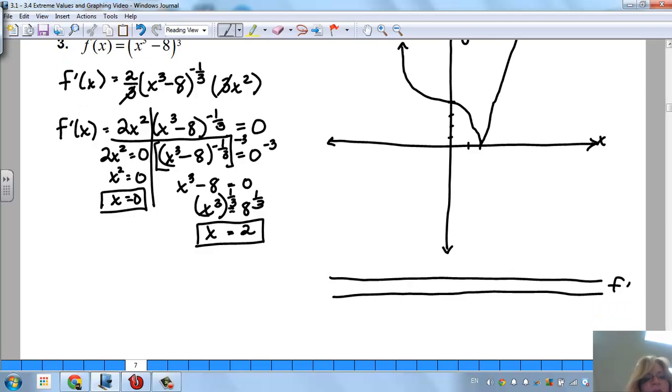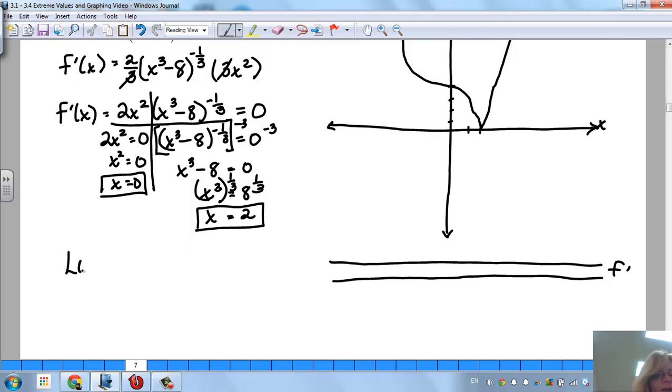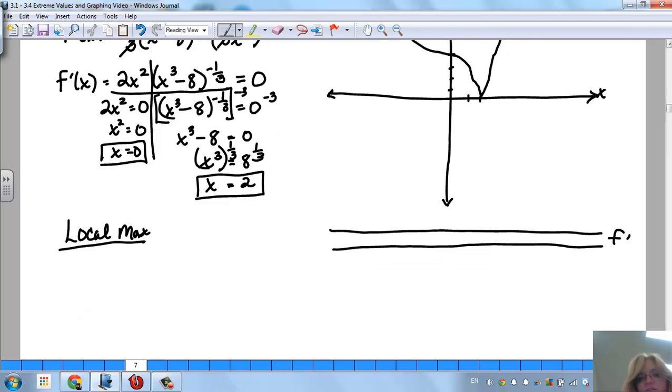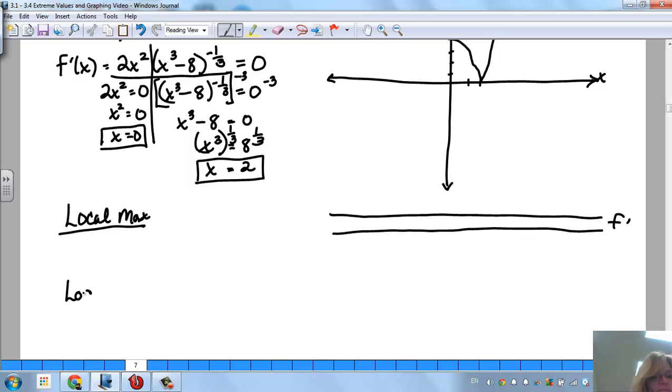So right now we're going to do our local max. We'll set it all up here to see if we have a local max, and then we're going to see if we have a local min. Again, we know that the x values of our points are 0 and 2. Let's look and see what we got here.